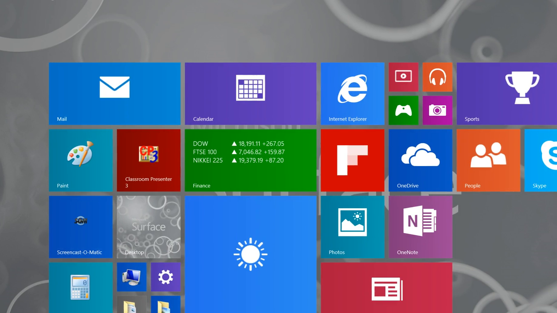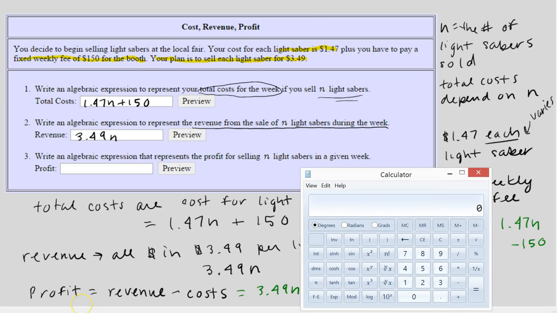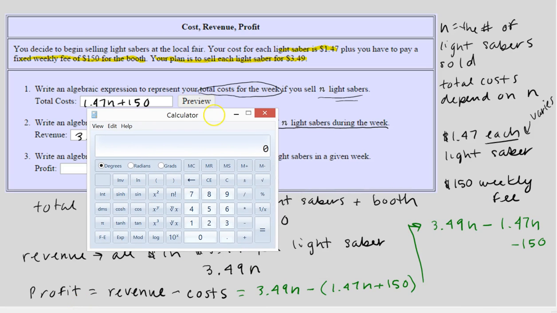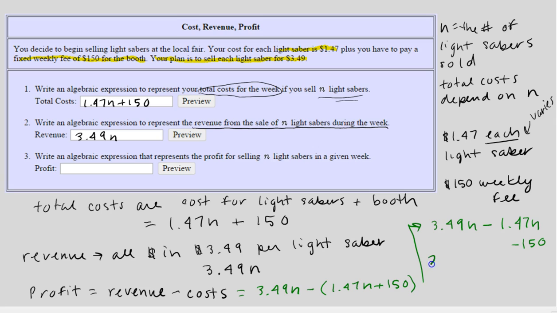So let's get a calculator out. 3.49 minus 1.47 equals 2.02. So we'd have 2.02n minus 150.